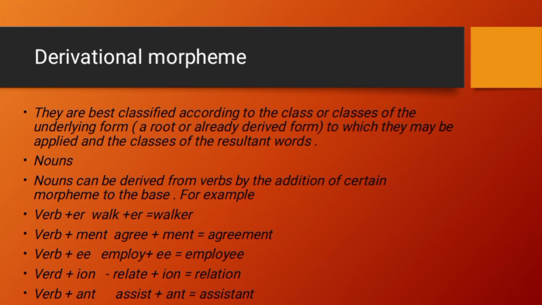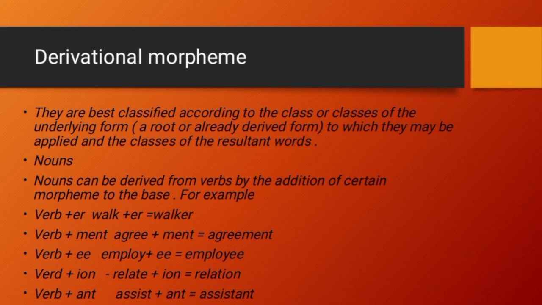Derivational morphemes are best classified according to the class or classes of the underlying forms, a root or already derived form, to which they may be applied, and the classes of the resultant words.